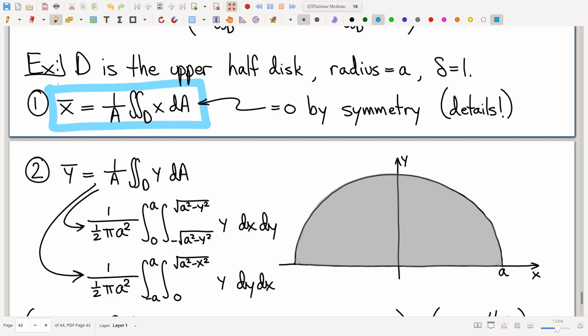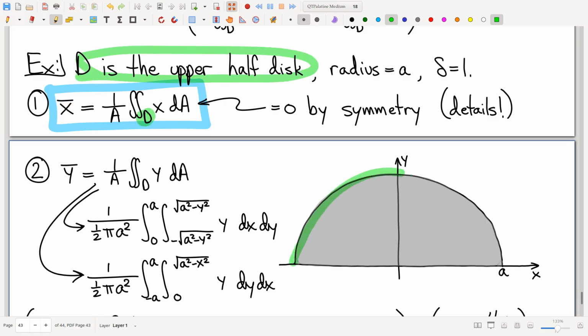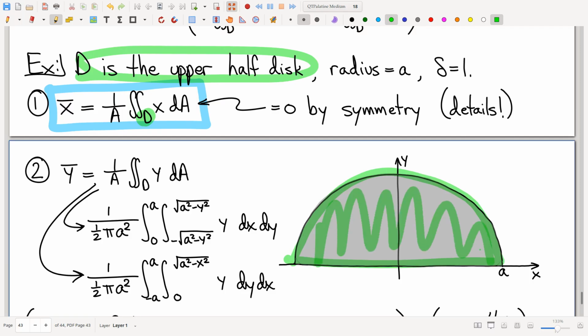When you approach an integral, my advice, always, every single integral that you ever look at, take a fraction of a second. Think about what the domain is, and the domain in this case is, again, this upper half disk, this thing here.